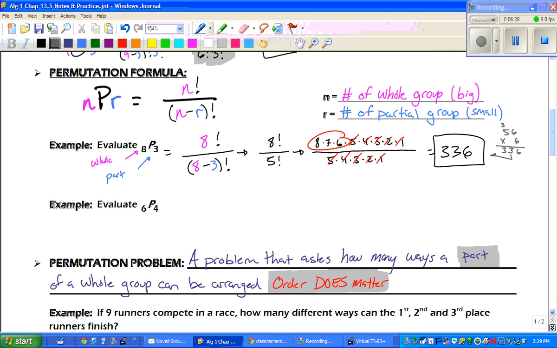So just know which one is your whole and what's the part. So we've got 6 on top, and 6 minus 4. 6 minus 4 is 2, so on the bottom, I did 6 minus 4 to get that number.